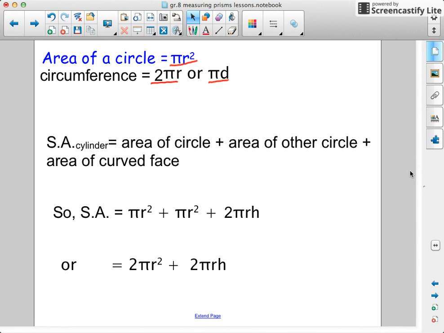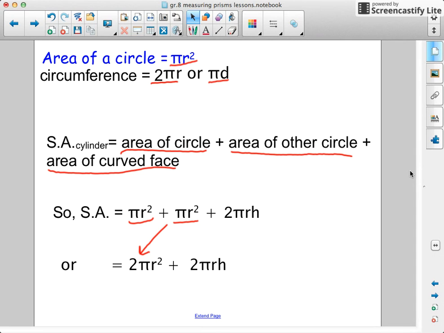So the surface area of the cylinder is the area of one circle plus the area of the other circle plus the area of the curved face, which, as I said, was a rectangle. The area of a circle is pi r squared plus another pi r squared.